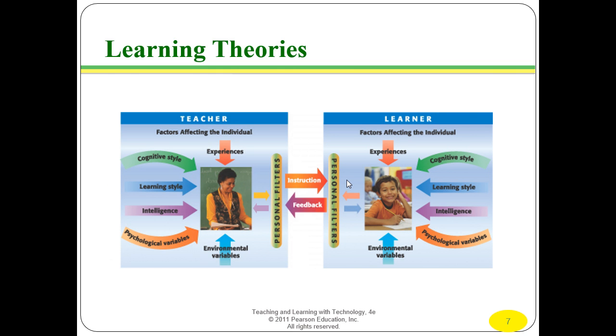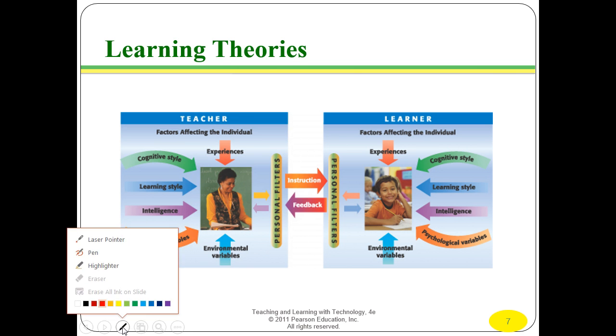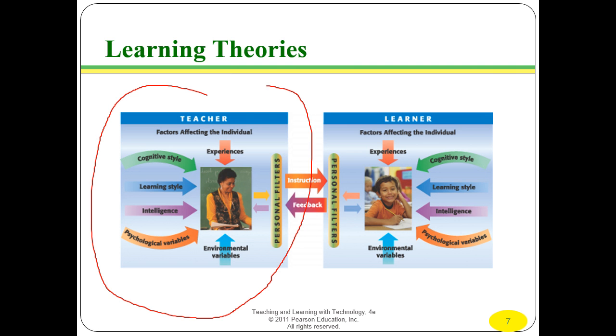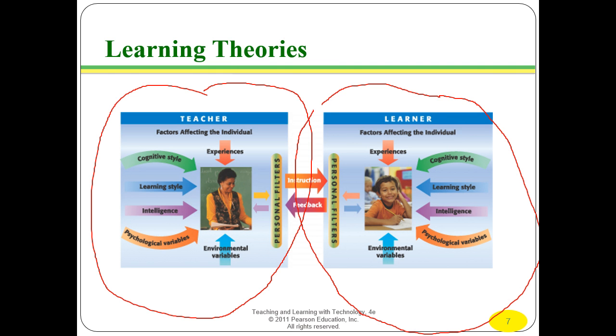Now, this is a little graphic right here of basically the communication cycle, and I'm going to try to do a little drawing here. I guess red will work. We got the teacher side right here. Got the learner side right there. Now, what strikes you right here about both of these two graphics?